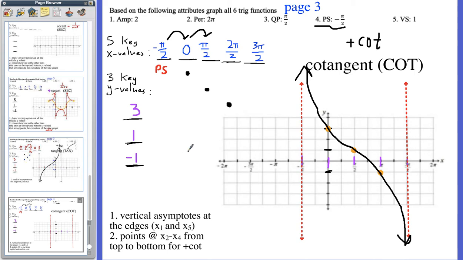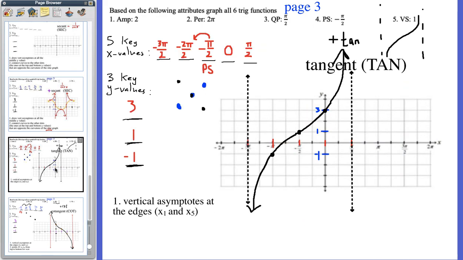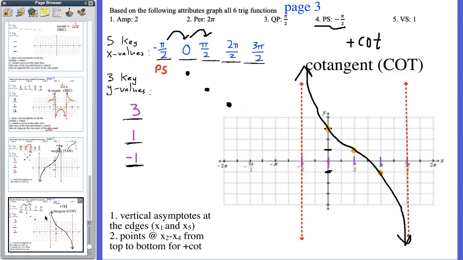So negative cotangent, the dots look the same as a positive tangent, but they will have different x values, which is what differentiates them. So that is how we do different versions of those 6 different trig functions if we were given the attributes. Next, I'm going to do 6 other examples, all different problems where we can practice finding the attributes as well. So check out the next video.